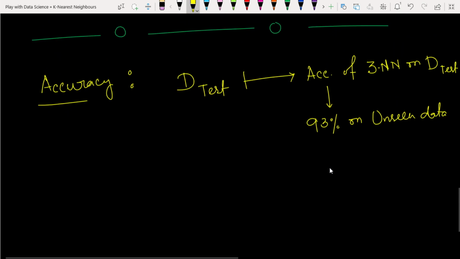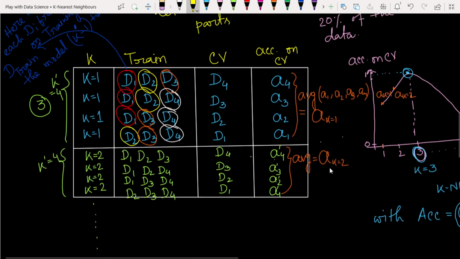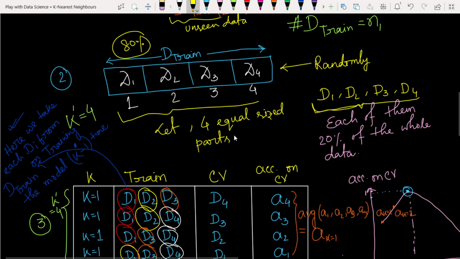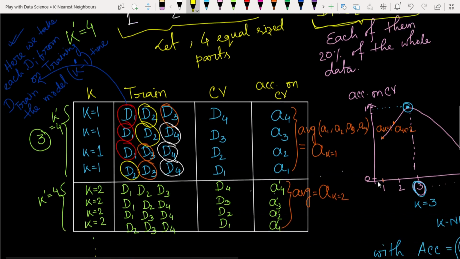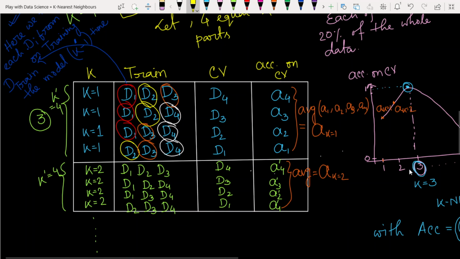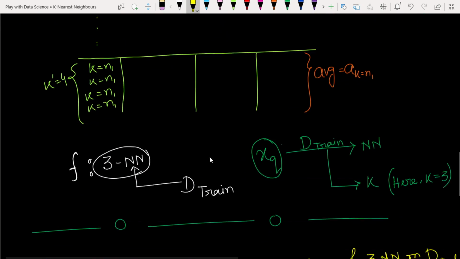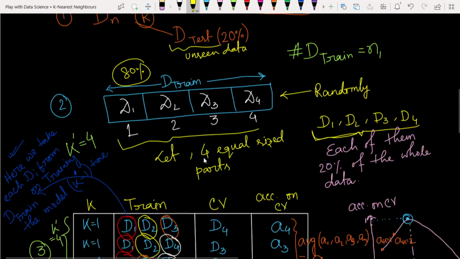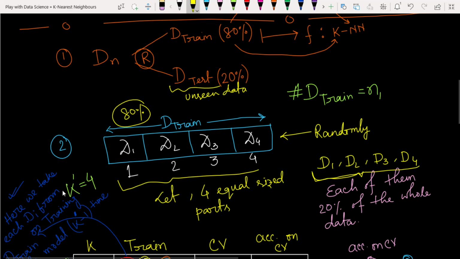So now the main question is: we have already learned how to choose the right k by cross validation or k'-fold cross validation. This is okay till now. But here you have introduced one terminology, k'. Now, how to decide the right value of k'? I will divide the whole training data set into 4 parts or 5 parts or 10 parts or 11 parts.